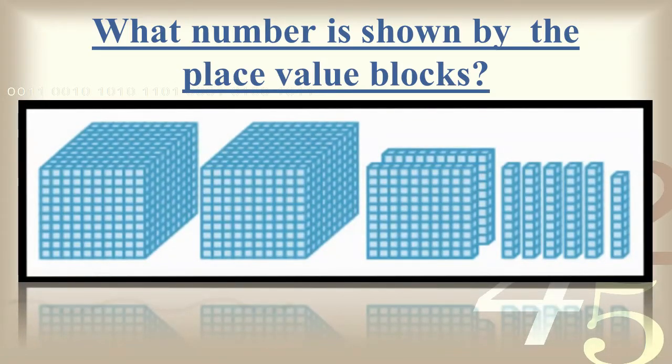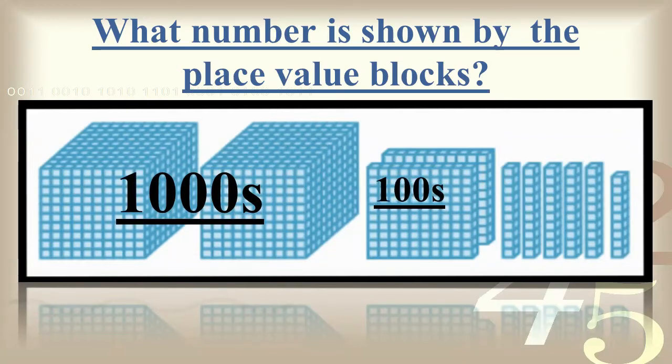So let's start over here with the single blocks stacked on top of each other, because it will be the easiest one to count. These are just single blocks, ones, stacked on top of each other, so we can count them. We will see. So there are 9 blocks right here.